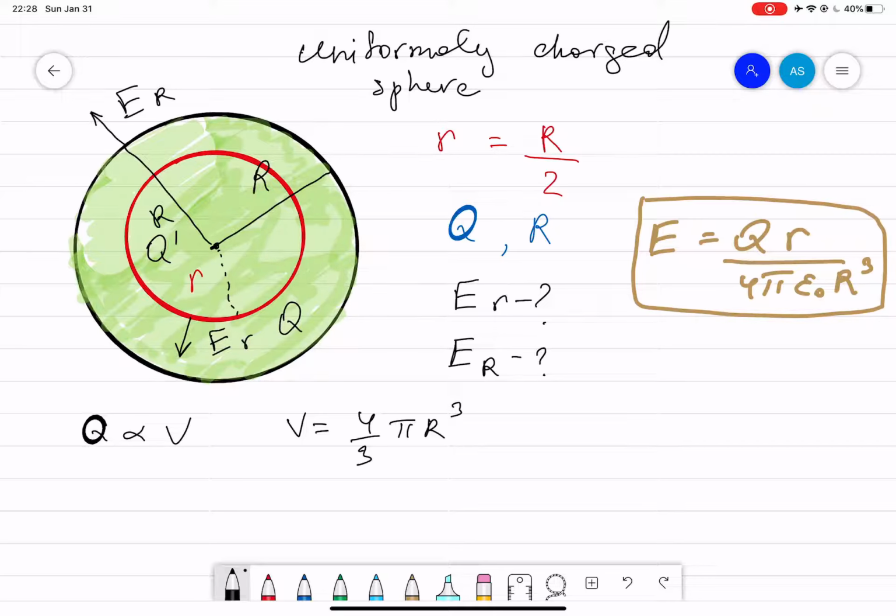Now if you want to find the ratio, then basically you say that q dash, at any small r, is equal to what? It's 4 over 3 pi r cube, right? Then we have a total charge Q, the entire sphere, which is equal to 4 over 3 pi and the total radius R cube.